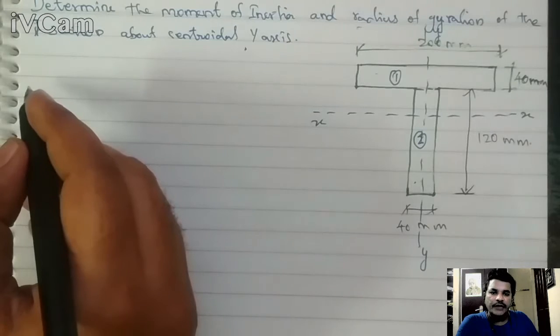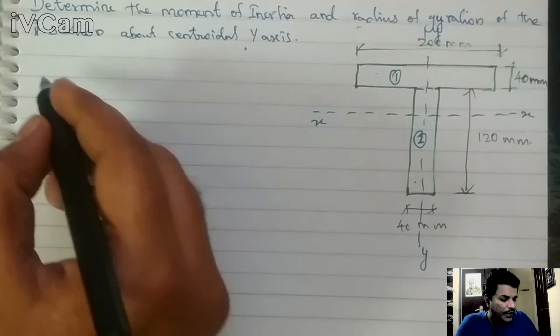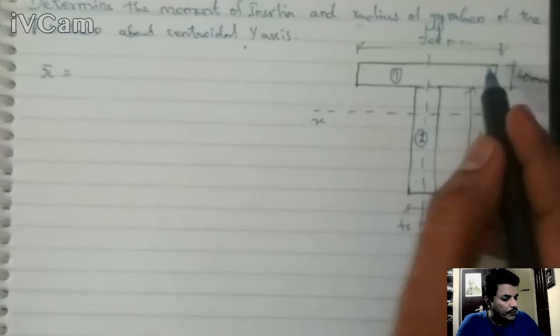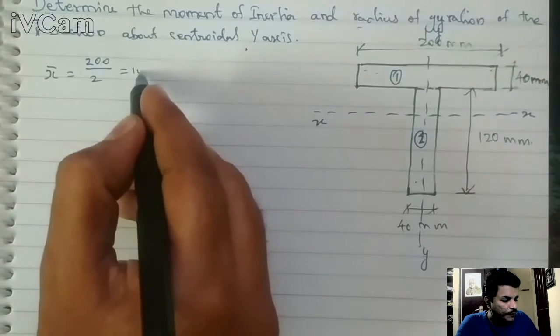You can directly write it, because it is symmetrical about the y axis. So x bar equals, the total width is 200 mm, so 200 divided by 2, which is equal to 100 mm.